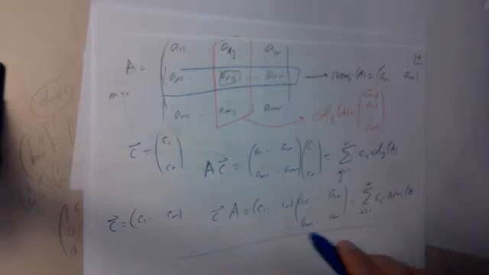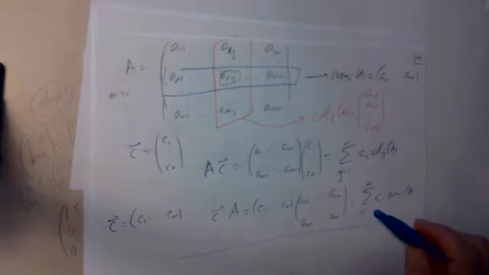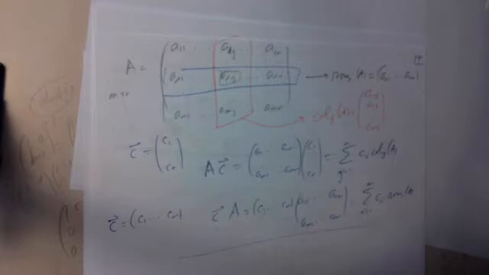You may multiply a matrix by a column vector, you get a linear combination of the columns of the matrix. You multiply a row vector times the matrix, you get a linear combination of the rows of the matrix. Okay? So that is a useful fact.